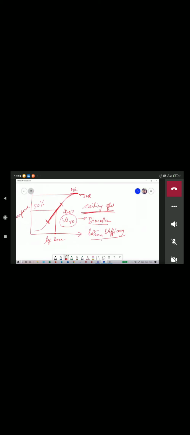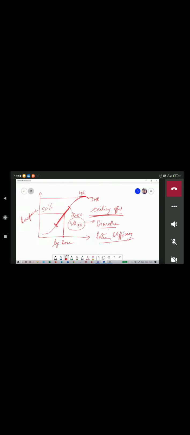Okay, so this is a log dose response curve. In this, this is the threshold area, then this becomes the straight line area, then maximum response is achieved, and if the maximum response is followed by sub-maximal response, this is called as ceiling effect.